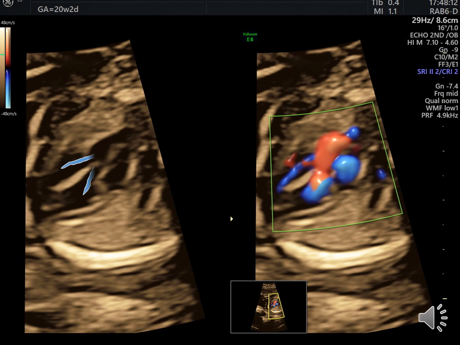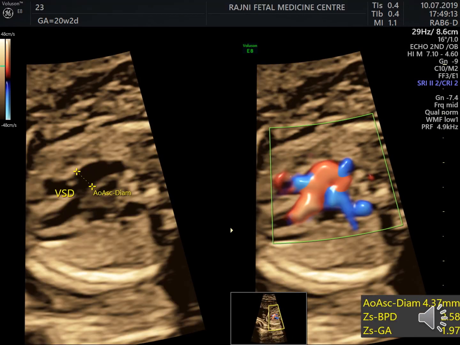The same you are confirming in color as well. When you measure the aorta, it is usually a little bit enlarged. Here again you are confirming the finding of ventricular septal defect, overriding of the aorta, and the flow from both ventricles to the aorta.